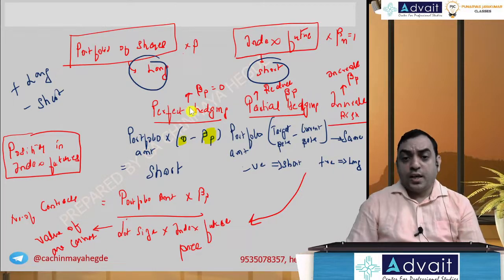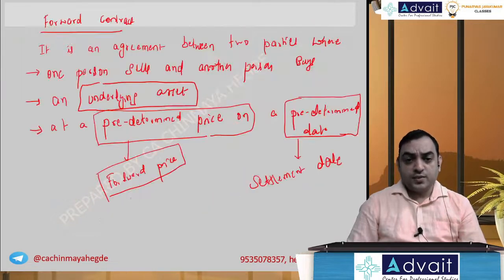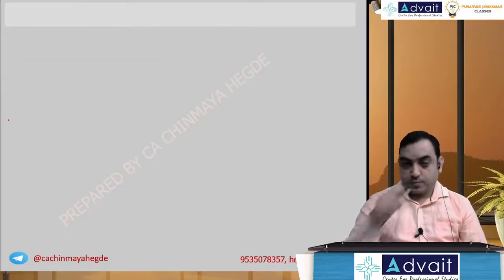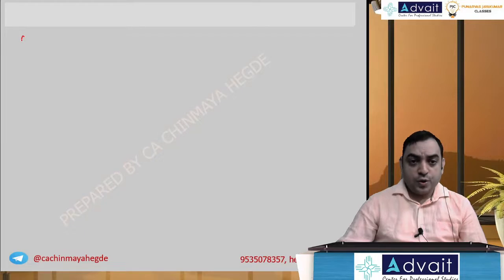Okay, now let me give a quick numerical to understand how it works. Okay, suppose current portfolio is 10 lakhs.